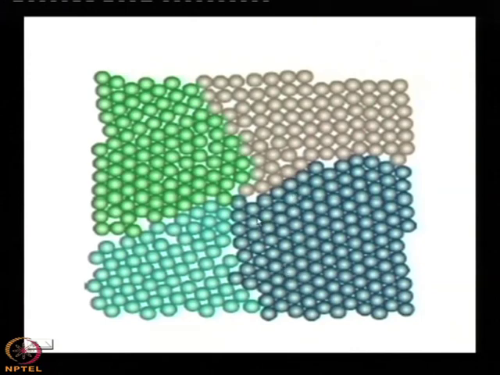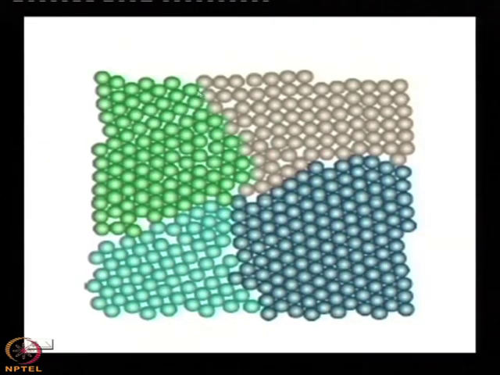In a single crystal generally only one grain is there throughout the crystal matrix, with perfect orientation, free from any kind of grain boundary.